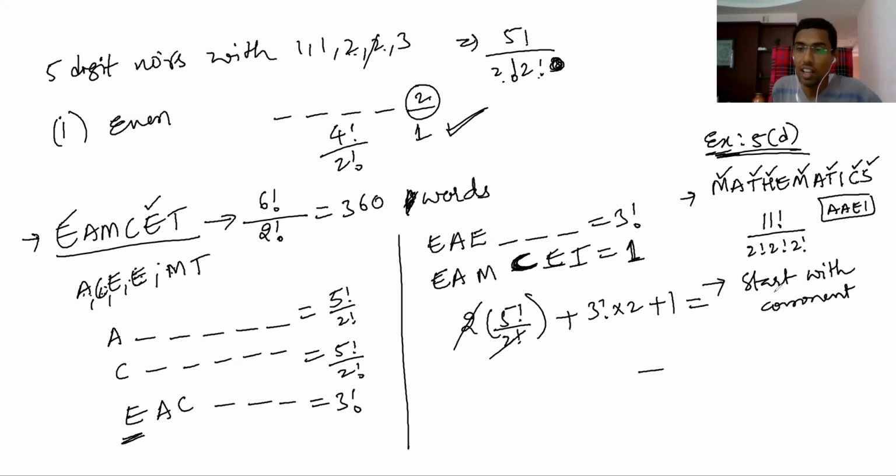Now the question is, how many of them start with a consonant? First thing is, how many consonants are there? 7 consonants.